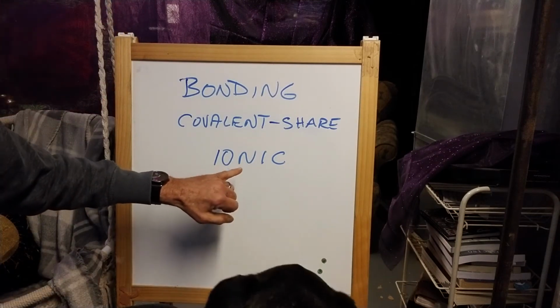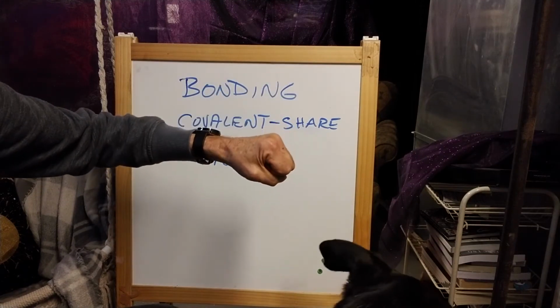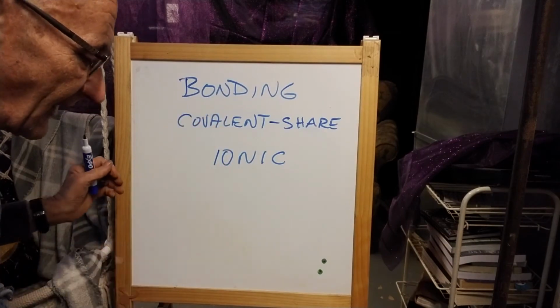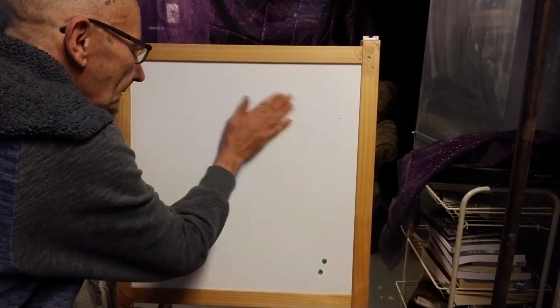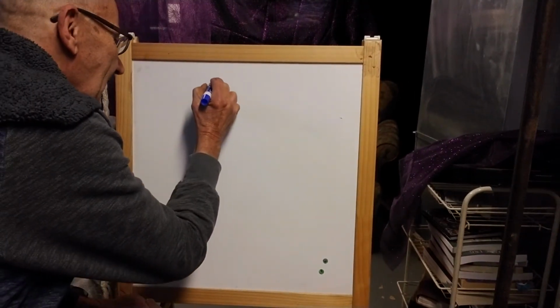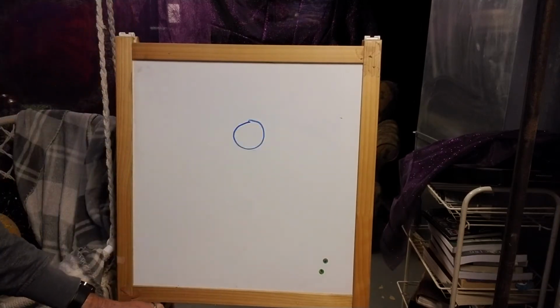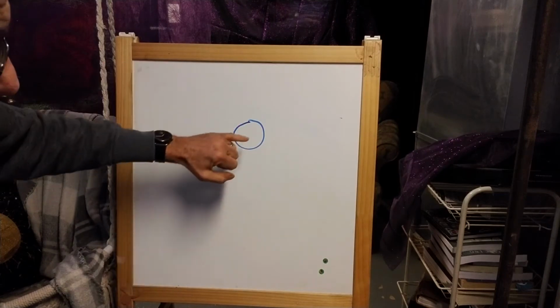Ionic bonding is electrostatic, where there's positive and negatives attracting each other. And there's a reason for that. We'll get into that. Now, let's have a look, for example, at oxygen. This is an oxygen.